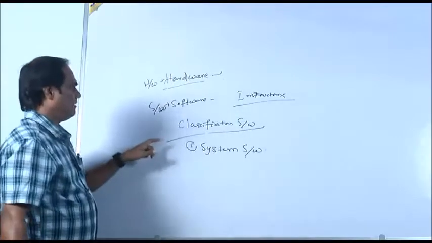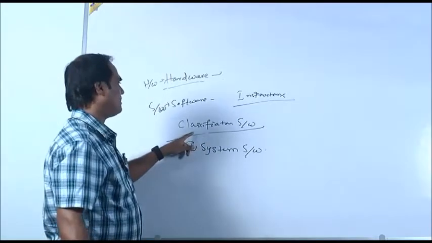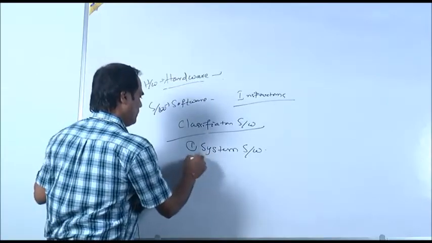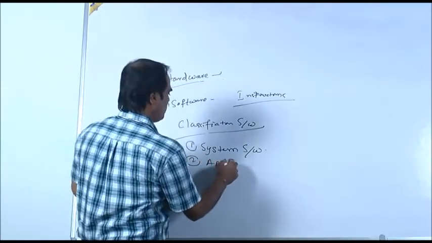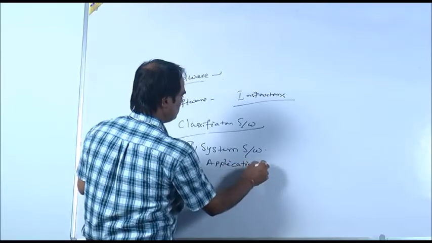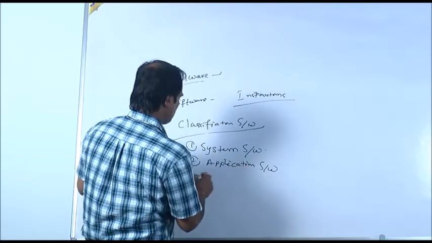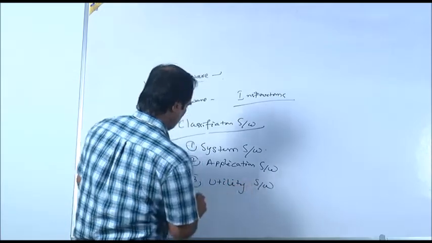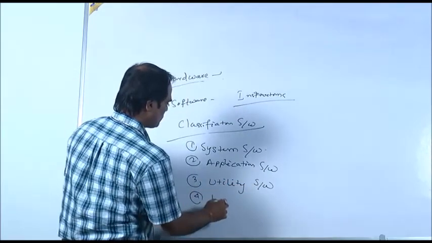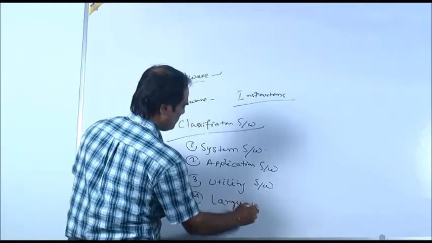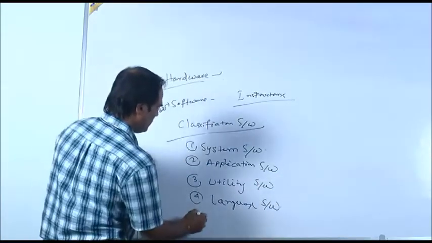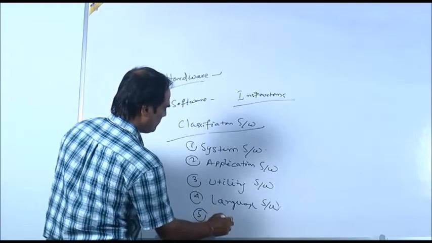So, what are the types of software? First is system software, then application software, then utility software, then language software, then firmware.